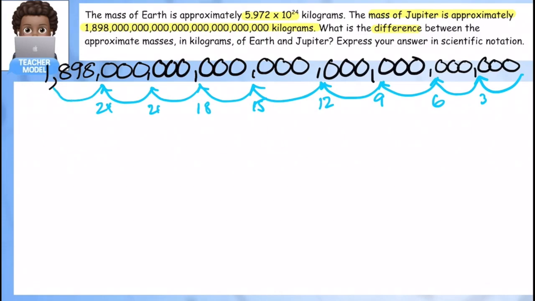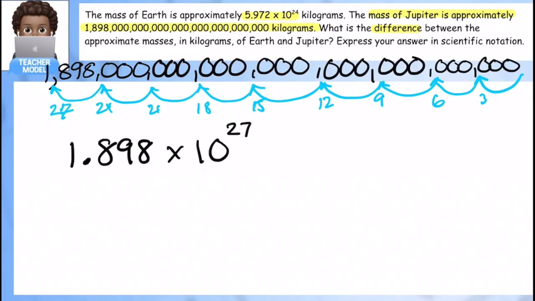This would be if it was the same. 27. Okay, so now I can write this down as a more manageable number: 1.898 times 10 to the 27th power. Huge number. It's definitely bigger than Earth, which is 10 to the 24th power.